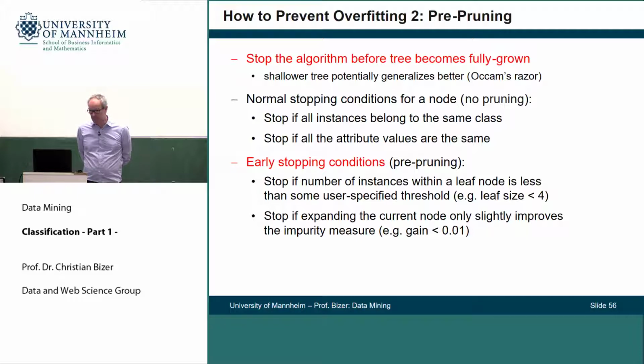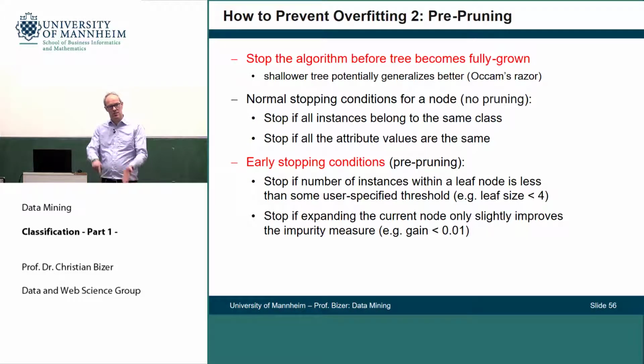Therefore, people have thought about cheaper heuristics that might also solve the problem. I say might. For instance, pre-pruning. Here the idea is that by applying Occam's razor, we don't learn deep trees that potentially, just because they are deep, because they are very detailed, might overfit the training data.